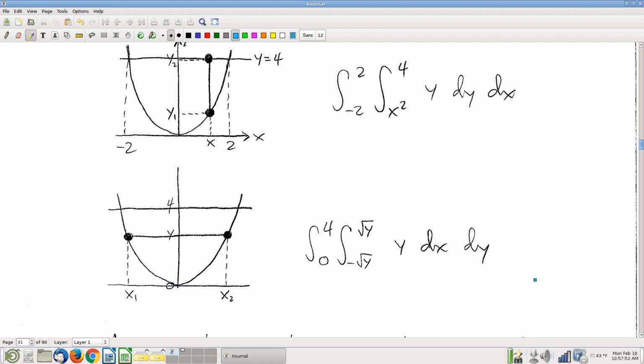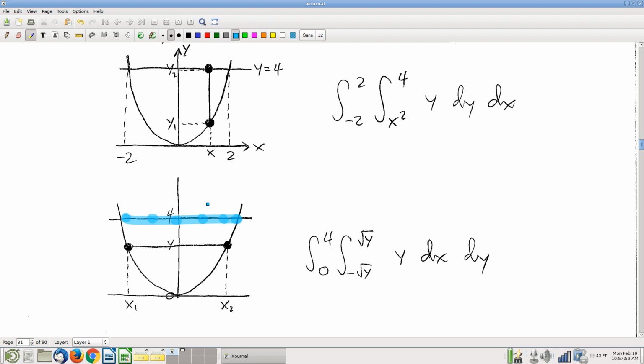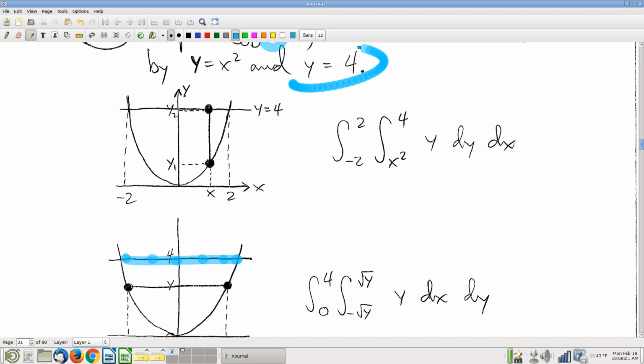Okay, so upper bound. Pick any one of these points to represent that last slice. They're all on the curve y equals 4, thus giving you, again, easy to solve for y to give you that upper bound. But look at what happens on the inner bounds.